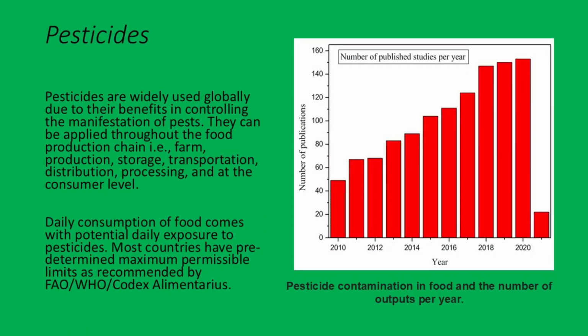Well, the next one we talk about is pesticides. Okay, pesticides are widely used by all the countries, right? Pesticides are used globally for their benefits in controlling the infestation of pests, and they can be applied throughout the food production chain, like farm production and then storage, transportation, distribution, processing, and at the consumer level.